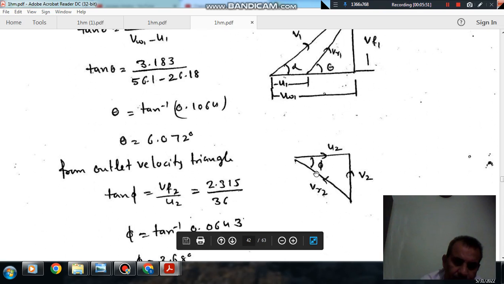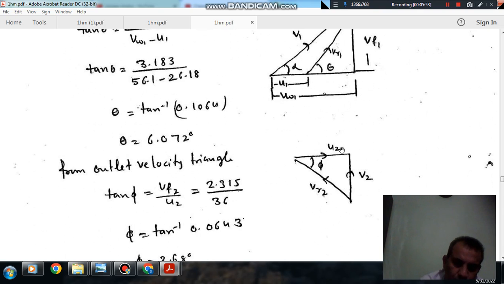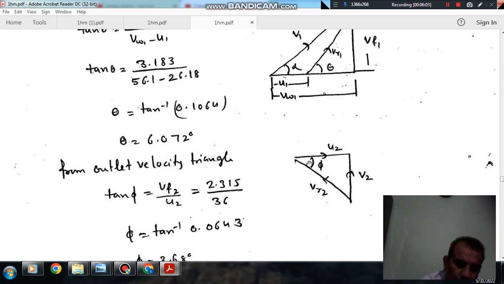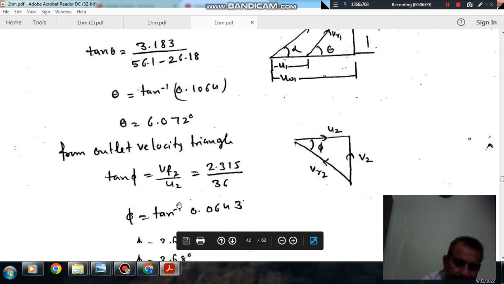Now considering the outlet velocity diagram, because the discharge is radial, this is your V2 and this is your U2. So this will be your VR2, and the blade angle phi is given by tangent phi equal to Vf2 by U2.